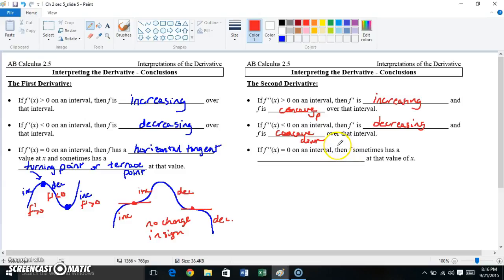If f double prime of x is equal to 0 on an interval, then f sometimes has an inflection point. Okay, and if there's a sign change, again, that inflection point is the location where we are changing concavity.